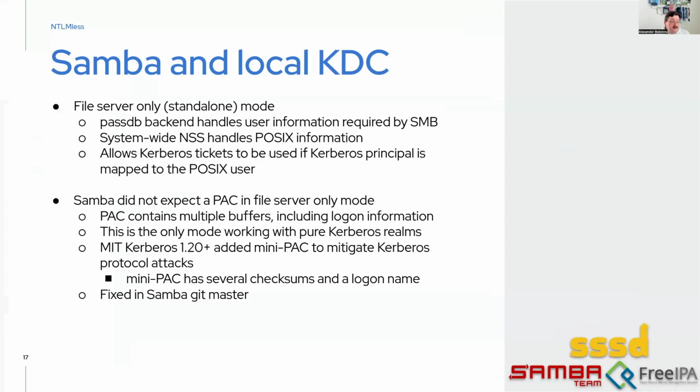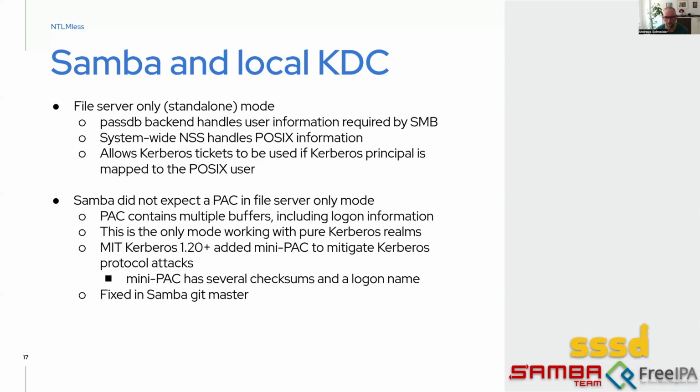So, Andreas? Yes, Samba. When we tried this the first time, it didn't work in the standalone mode or file server only mode because we got a PAC. And normally we did not expect a PAC in this mode.